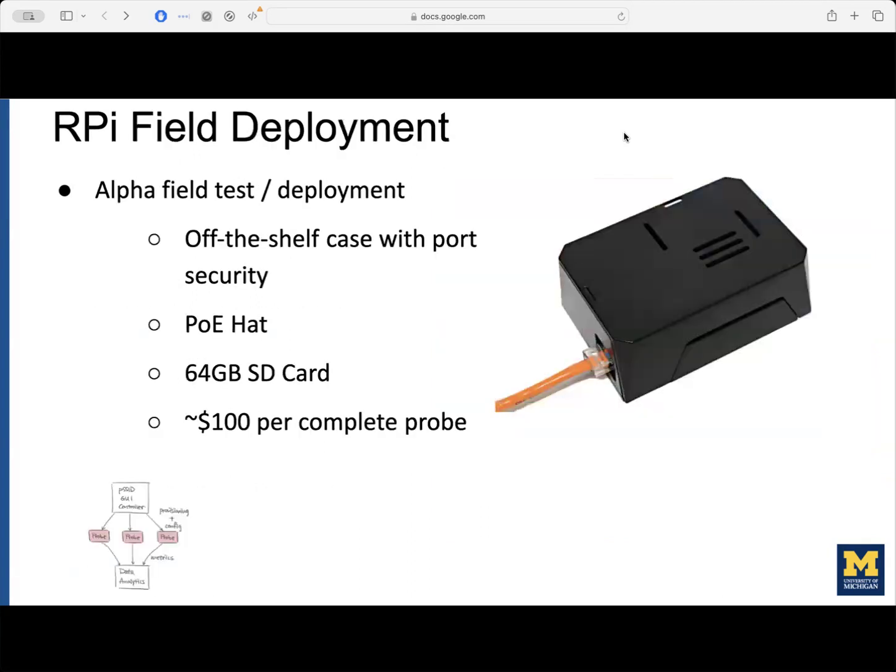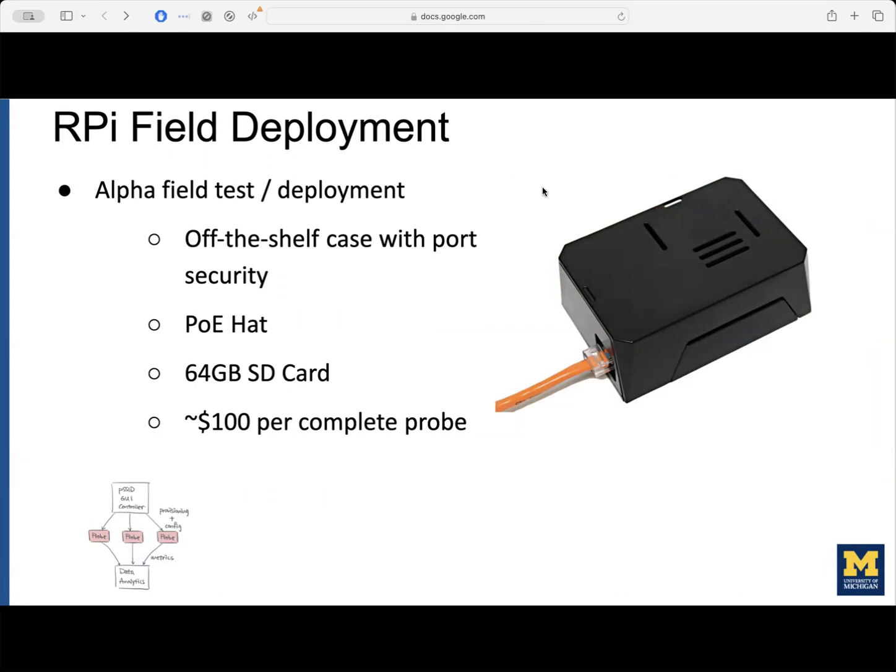So in our alpha field test, we're going to use an off-the-shelf case that includes essential features for security, such as port protection. The Raspberry Pi has a couple of ports, like USB 2.0 and 3.0.